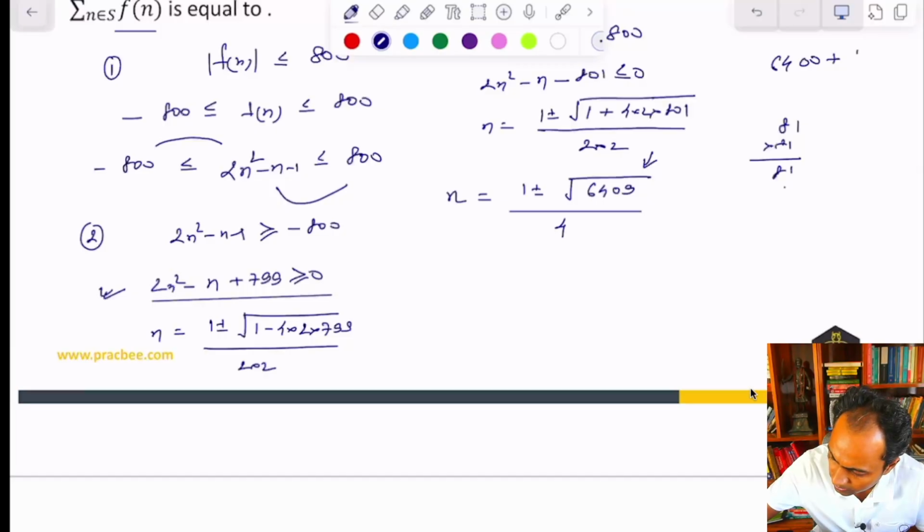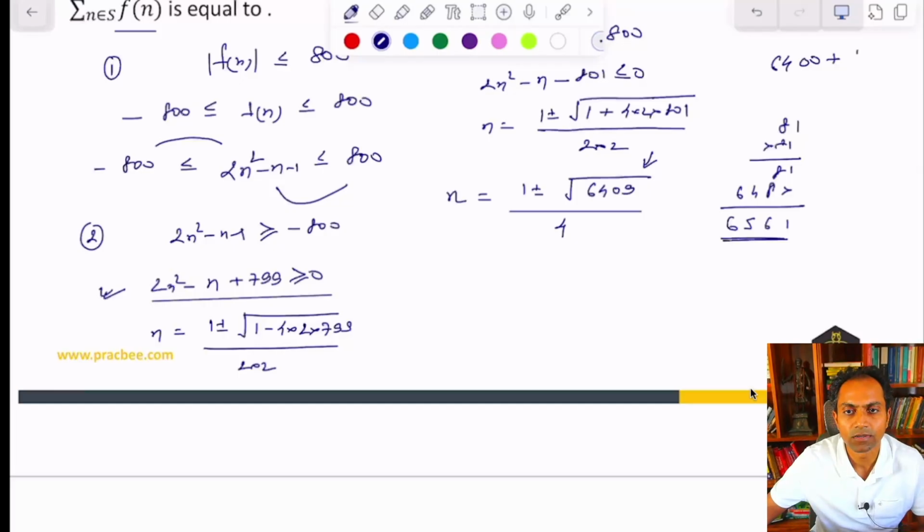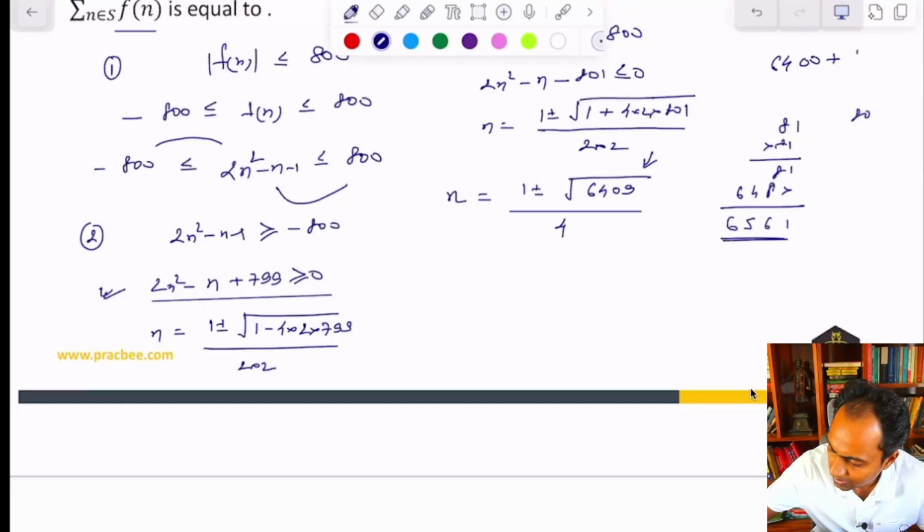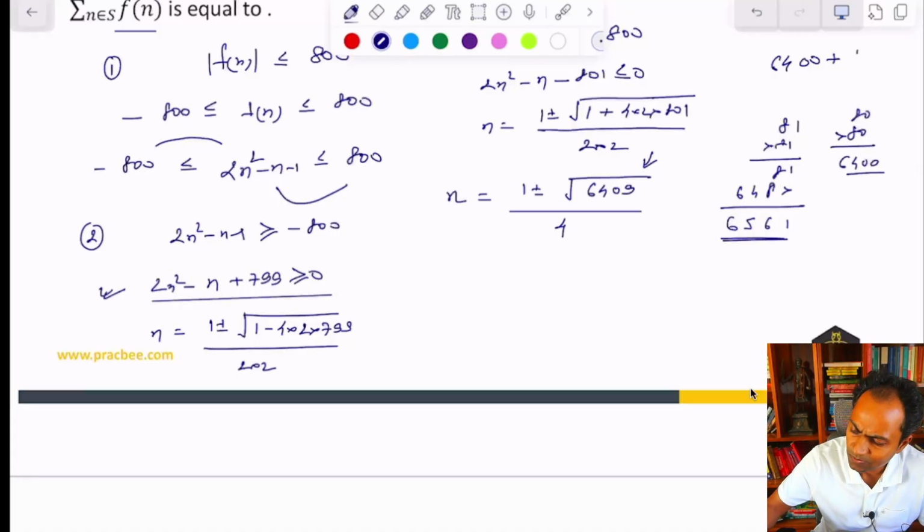This will become 6561, which exceeds root of 6409. But if I multiply 80 into 80, the answer is going to be 6400. So you can say that this value will be slightly greater than 80 when I take the square root.